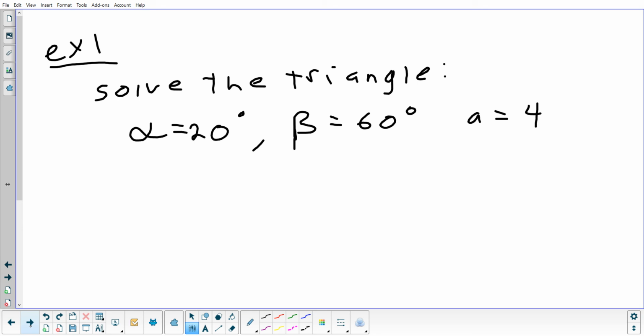Something like that. So what's the easiest way to see if this is law of sines or law of cosines? What do you think you want to do? Yeah.